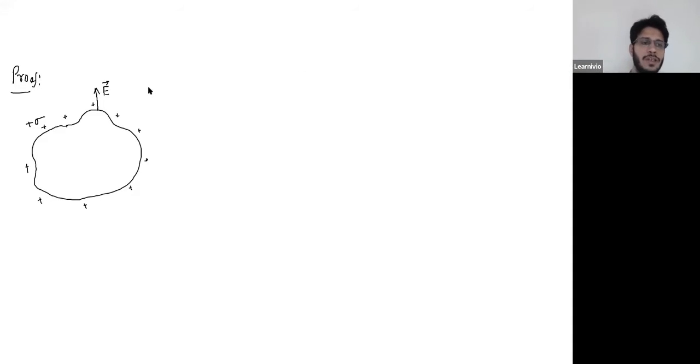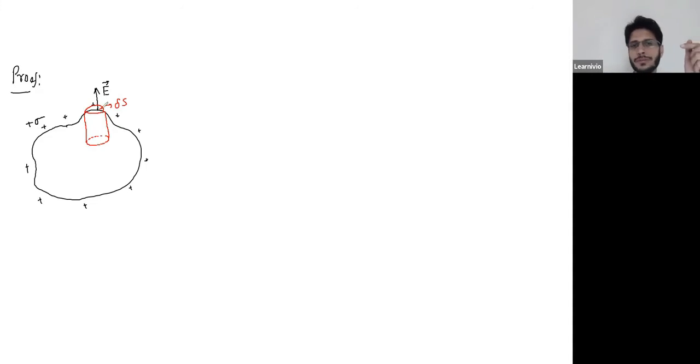To calculate this field, let's consider a cylindrical Gaussian surface. The area of the end is delta S. I have placed the cylinder in a way that the top surface of the cylinder coincides with the surface of the conductor. The rest of the cylinder is inside the conductor.